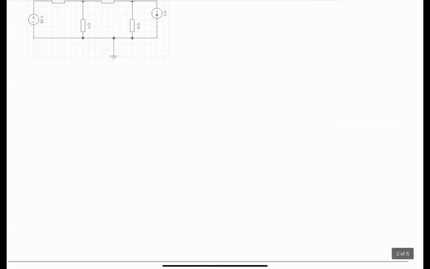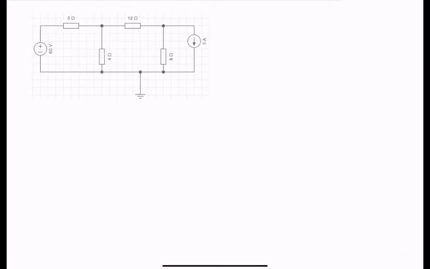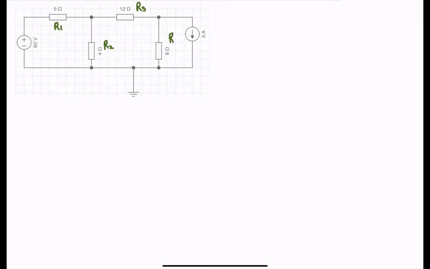So we have this circuit over here, and we are going to analyze it. I'm going to label this circuit. Say this is my R1 right here, I have my R2 over here, my R3, R4.